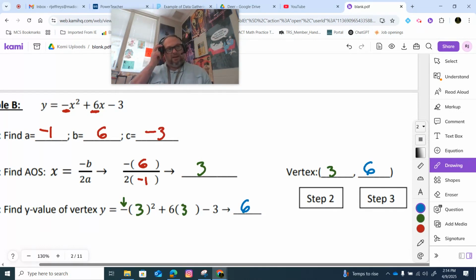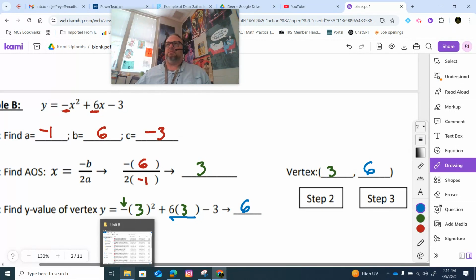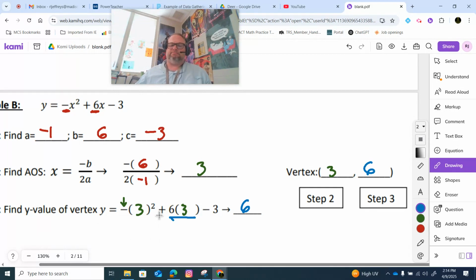Remember, if you understand the process, okay, did you do all of it or did you just do this? Okay, all right. Well, did you do it? So this is 9, and then this is 18.